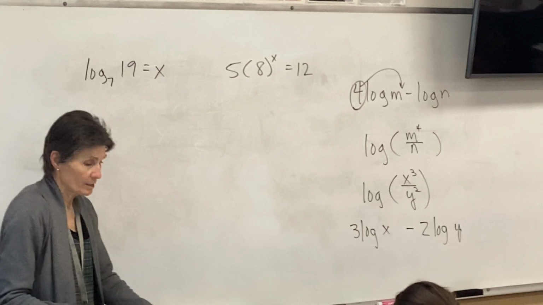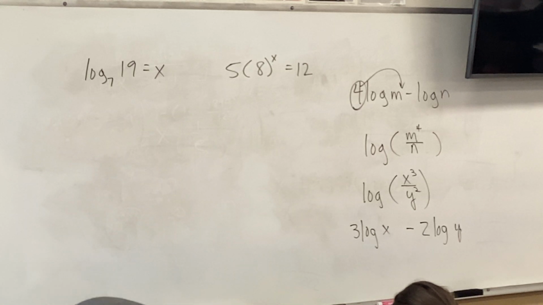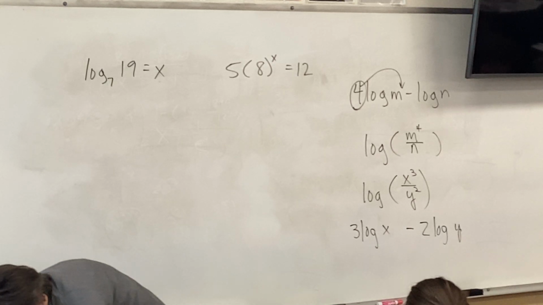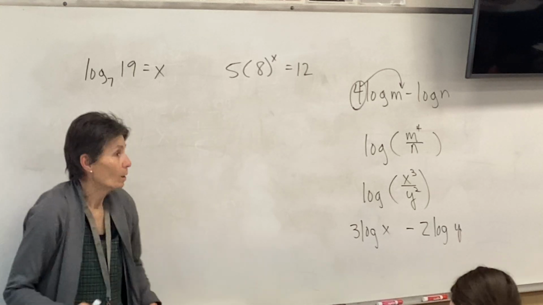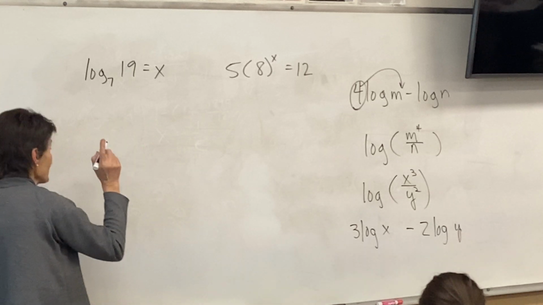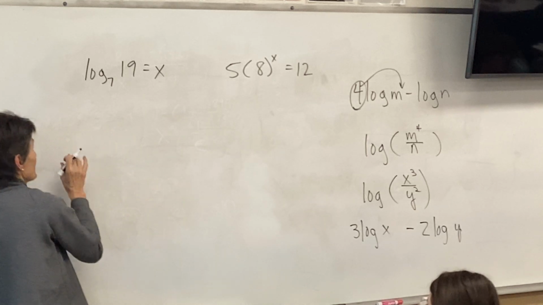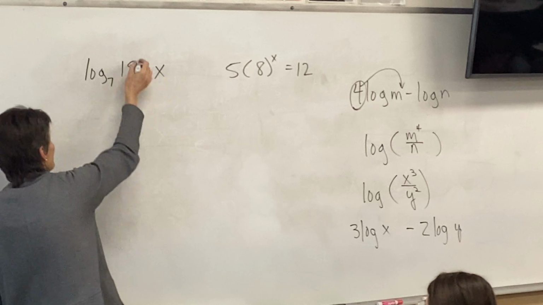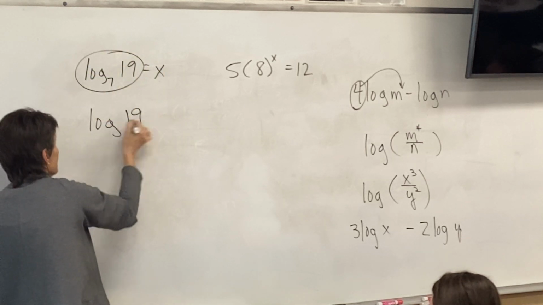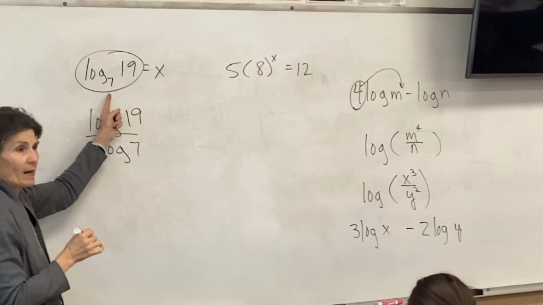Okay, here we go. What do you think about problem 7A? If you remember, we did a whole page, or a whole bunch of this kind of problem. That right there is going to be log 19 divided by log 7. Remember top number, bottom number?